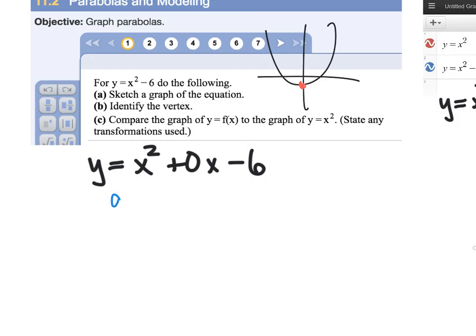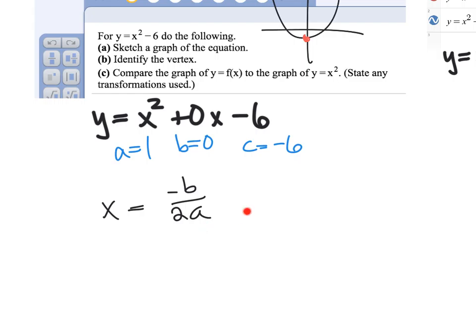And this tells us that a is equal to 1, b is equal to 0, c is equal to negative 6. And now we're going to use that formula, x is equal to negative b over 2a, and we would continue doing our work, and we would figure out the x value, and we would figure out the y value, and that would give us our vertex.